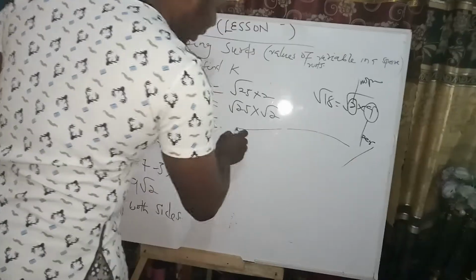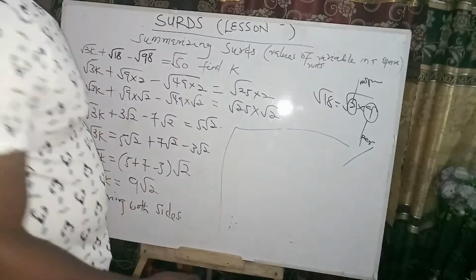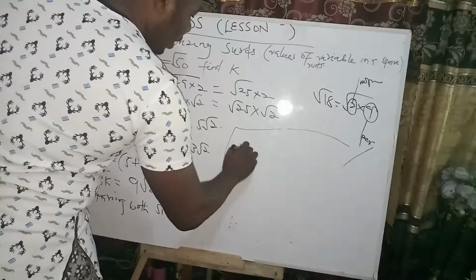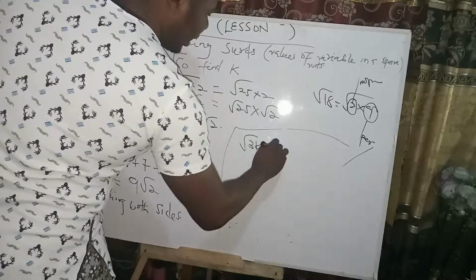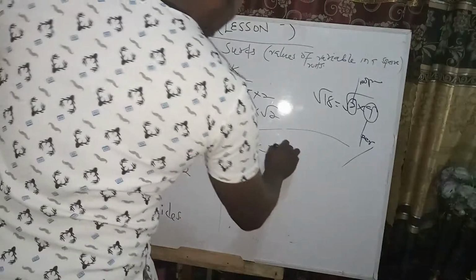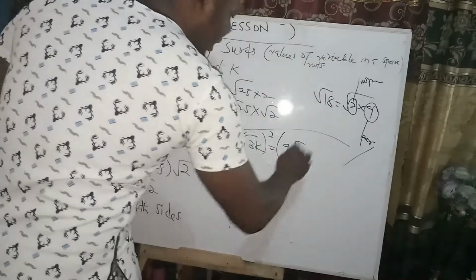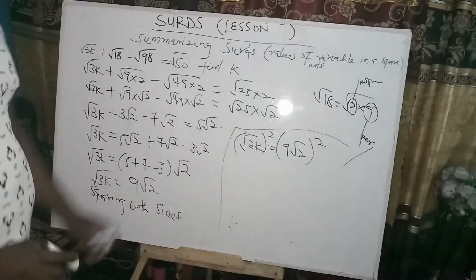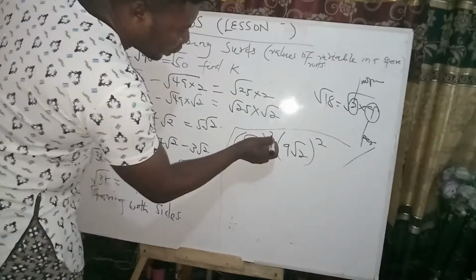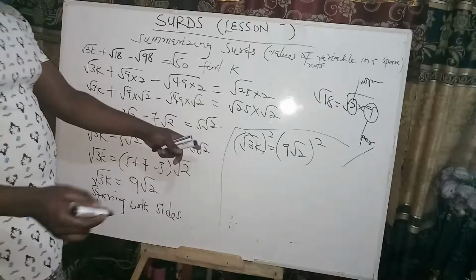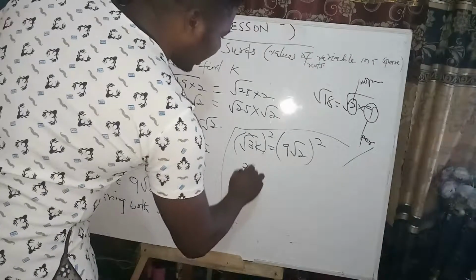Let me bring it down here so that we can all see it clearly with the camera. Squaring both sides of root 3k equals 9 root 2, the exponent 2 cancels the radical sign, so it's left with my 3k.